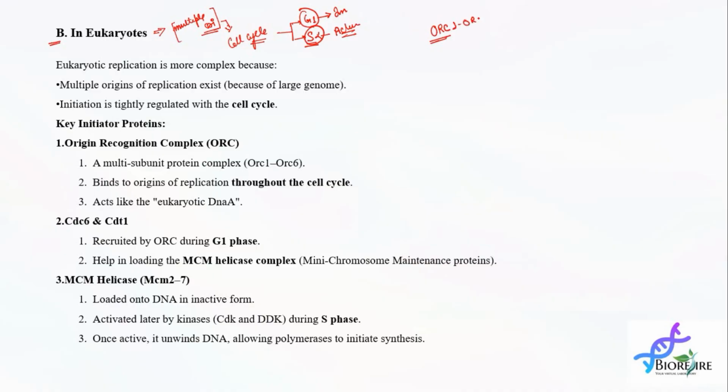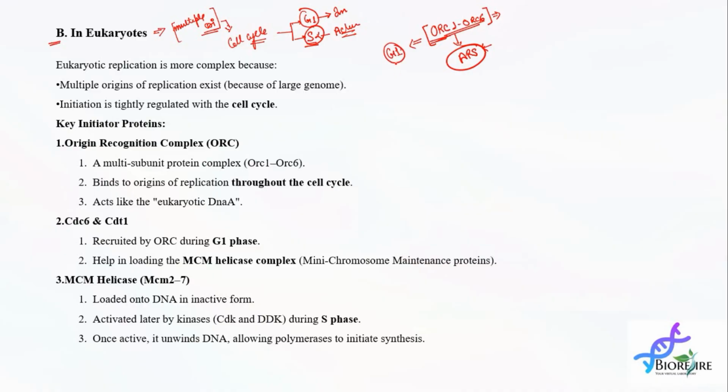ORC recognizes the ARS region. What is this ARS region? This is the origin of replication point, meaning at this point the replication process will start. This ORC protein is similar to DNA A, the initiator protein of prokaryotes, and this ORC will bind in G1 phase.